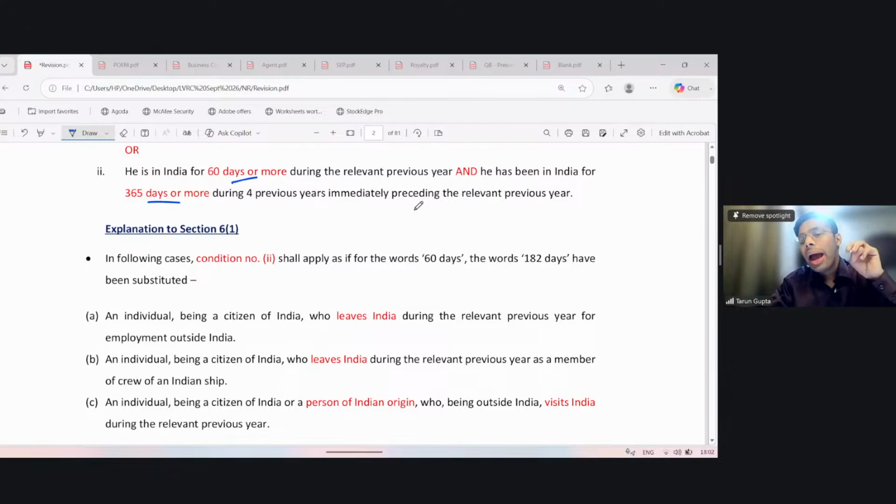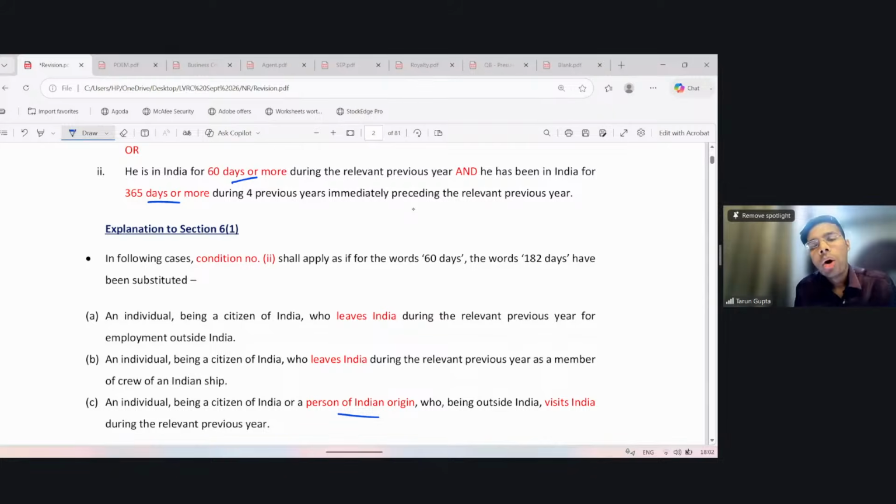And thirdly, an Indian citizen or person of Indian origin who, being outside India, visits India during the relevant previous year. So these three persons shall qualify as resident only if they satisfy condition number one, that is, they are in India for 182 days or more during the relevant previous year.